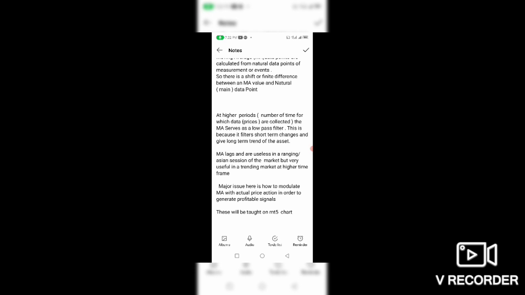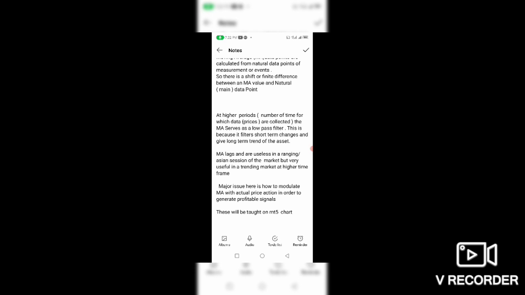In electrical engineering we have filters, used in designing circuits, but that is not what I'm talking about. We are talking about a mathematical concept that influences how price behaves. Here it means that it will filter short-term changes in the market and give you the long-term trend of the asset.